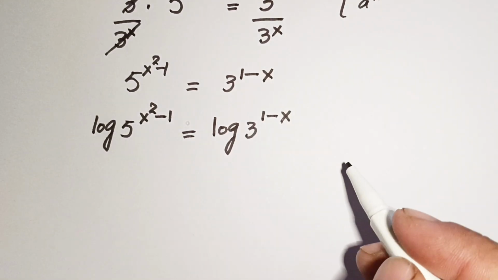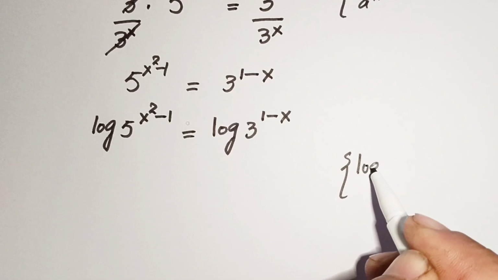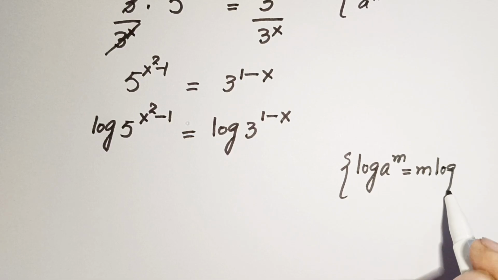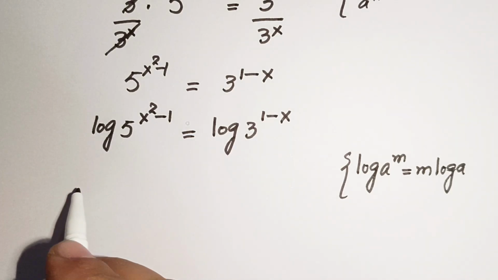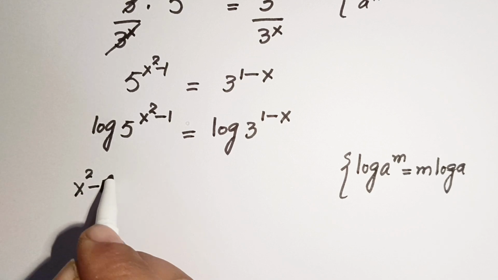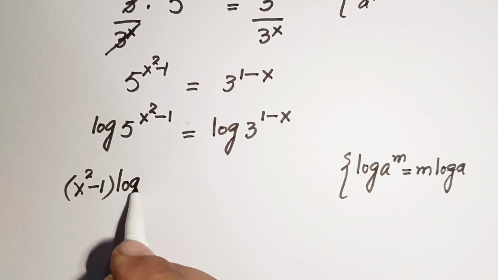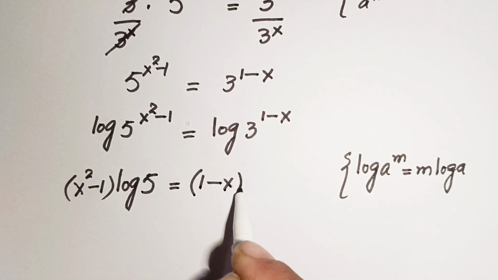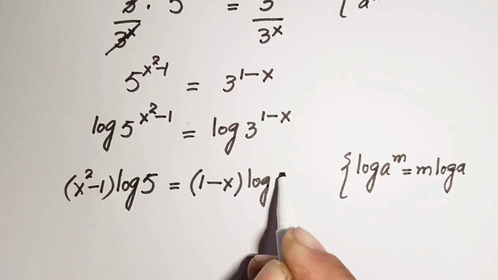Now using the logarithm law, if we have log a to the power m, it is equal to m log a. So here we write x squared minus 1 times log 5, that is equal to 1 minus x times log 3.